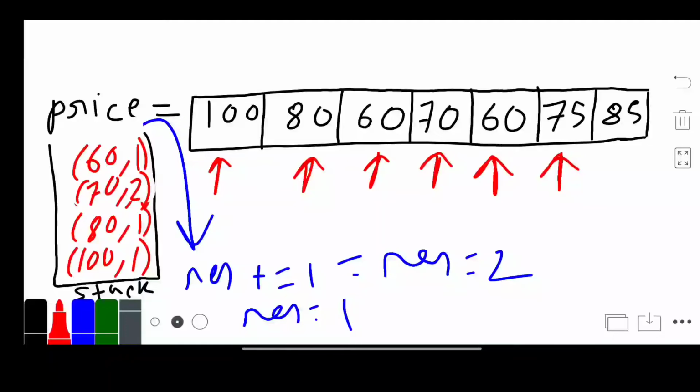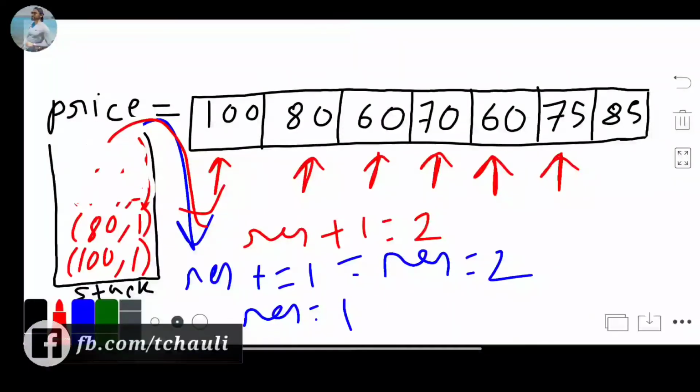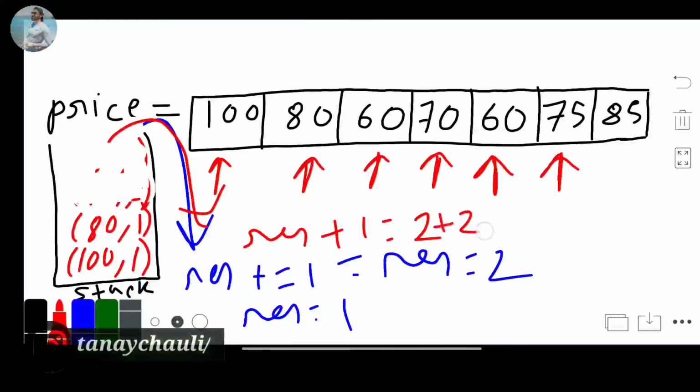Yes, so we first pop 60 and add its count 1, so res becomes 2. Then we check again: 75 is greater than 70, so we pop 70 and add its count 2 to the result.